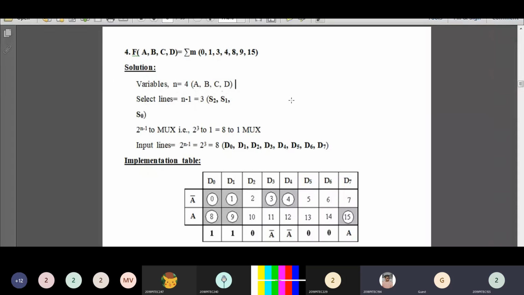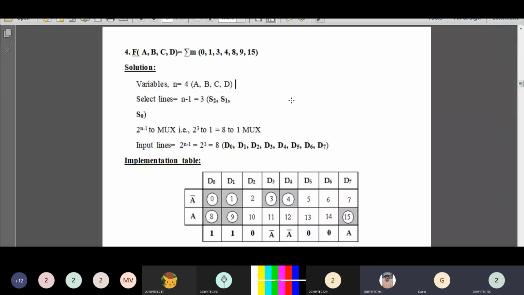Next, you have to find out which type of multiplexer you need to implement the given Boolean expression. That is a 2 power n minus 1 to 1 mux. Here you have to substitute the n value. The given variables are 4, so n value is 4.